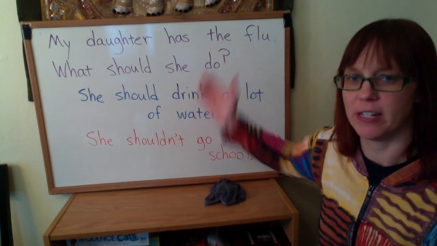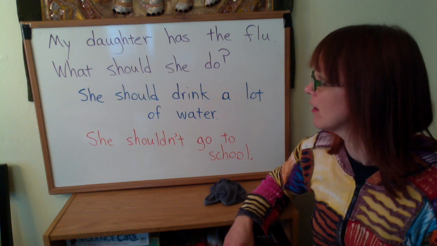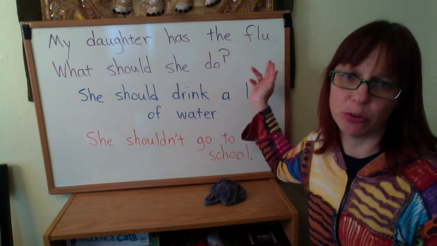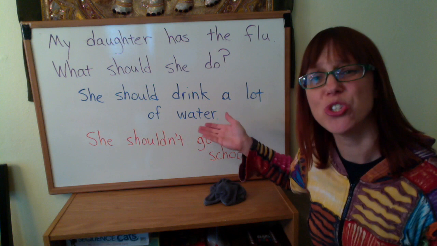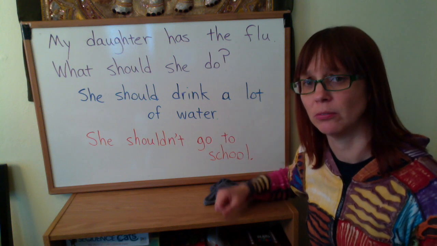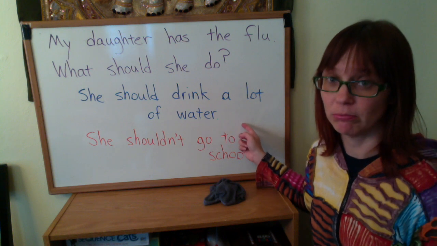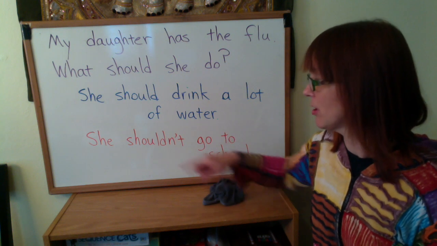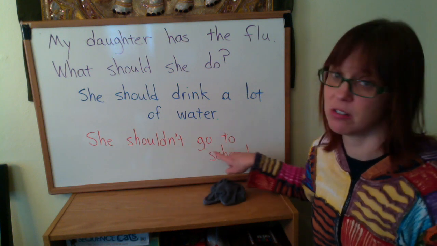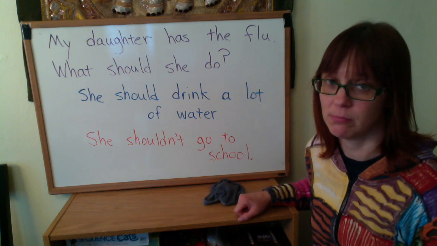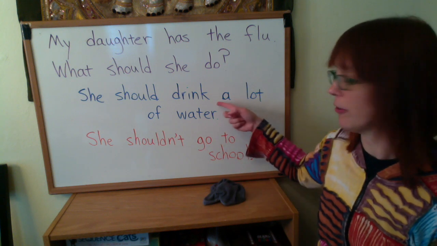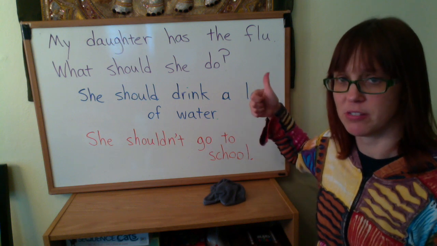Here are my examples. My daughter has the flu. What should she do? She should drink a lot of water. She shouldn't go to school. So this is affirmative. That means yes.